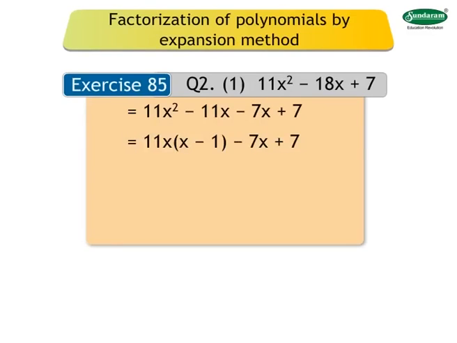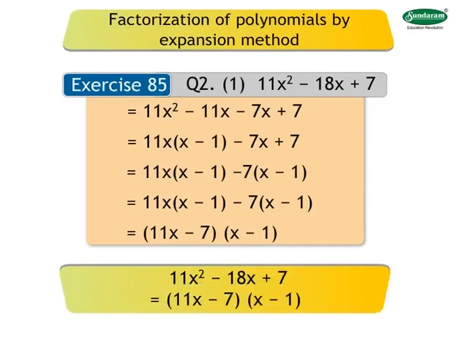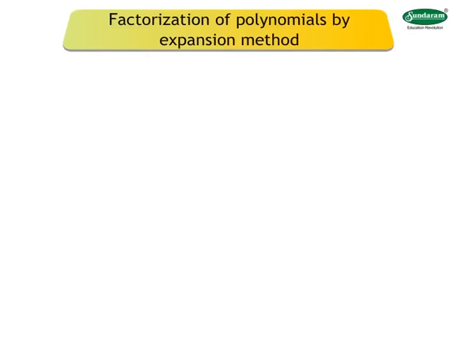Now, considering the next two terms and finding the common factor, we get 7 into x minus 1. 11x into x minus 1 minus 7 into x minus 1, which is equal to 11x minus 7 in one bracket and x minus 1 in other bracket. Hence, 11x square minus 18x plus 7 is equal to 11x minus 7 in one bracket and x minus 1 in other bracket. Now let us solve sum number 2.